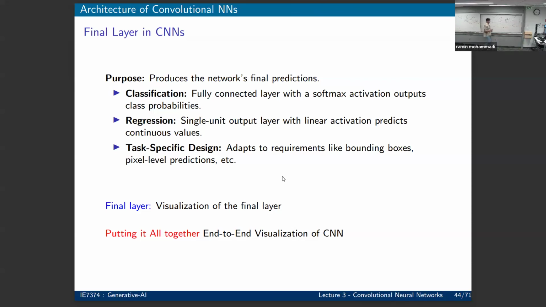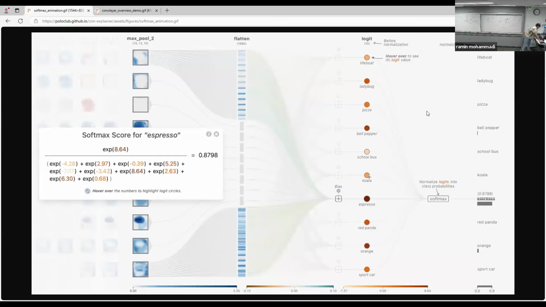But now let's do one thing here. Let's go to this one first. This is the output of the last layer, and as you can see here, we have this flattened layer. We flatten those and it becomes a long vector, and that goes to the last node, where we make a classification.